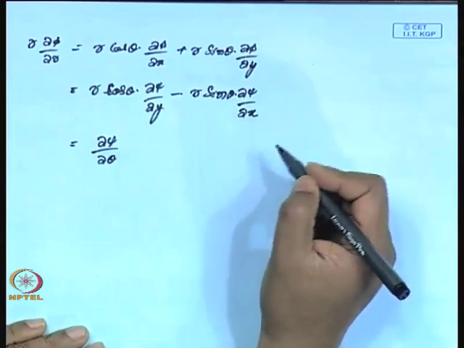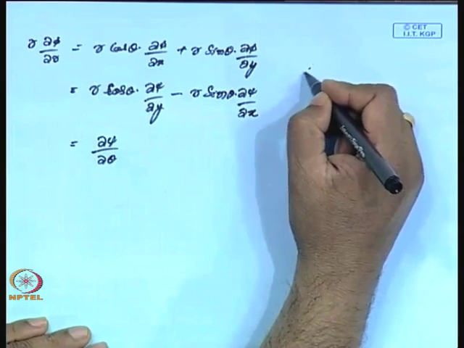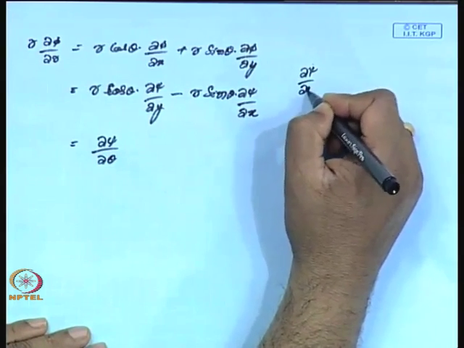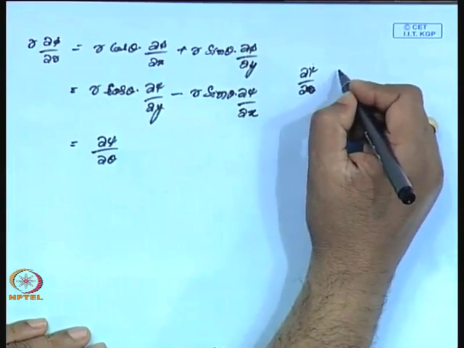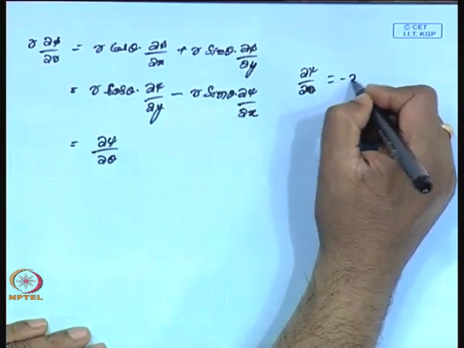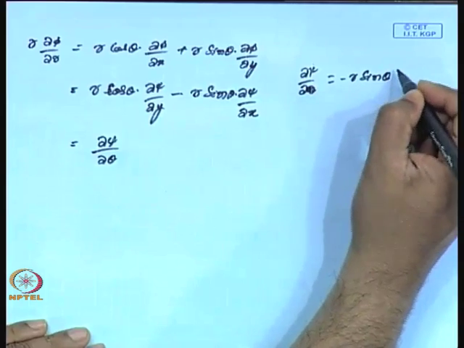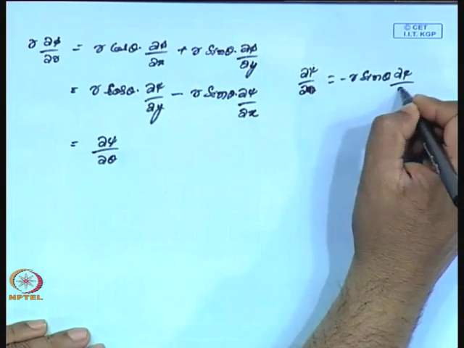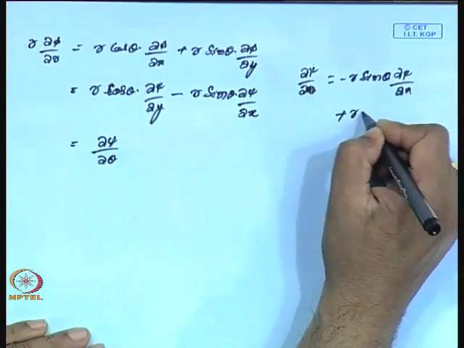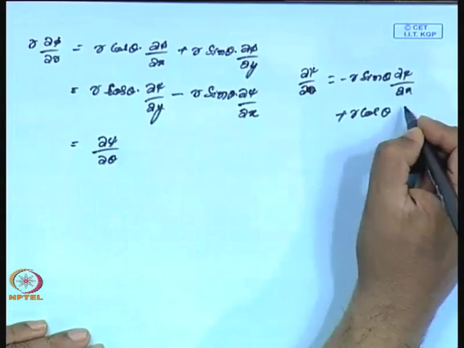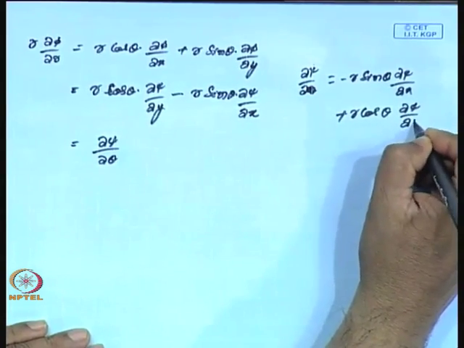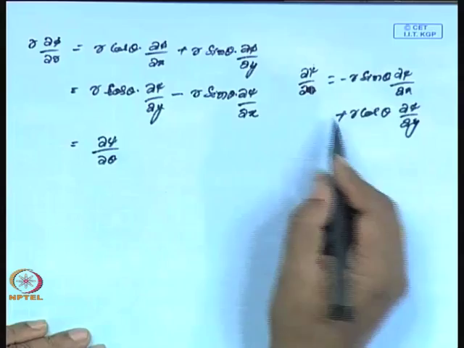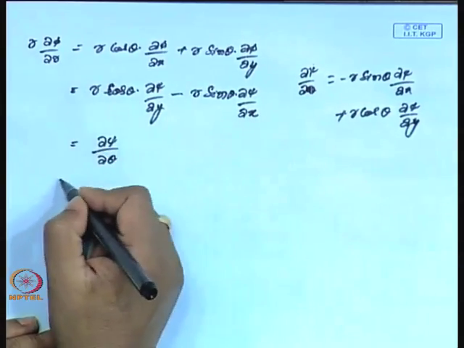So if I replace phi by psi, I know my del psi by del theta will be minus r sin theta del psi by del x plus r cos theta del psi by del y.